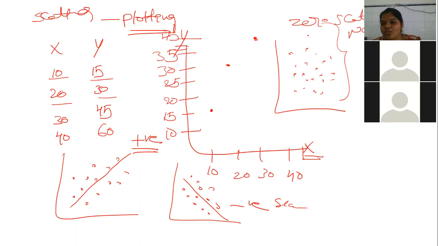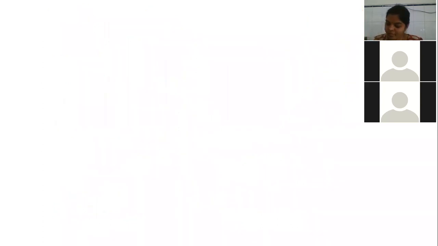In such a case, we call it zero scattering or no correlation between the x and y variables. Okay, so this is about the scatter diagram method. And the next one is the graphic method. Are you able to understand what I am telling you? Next one is the graphic method.